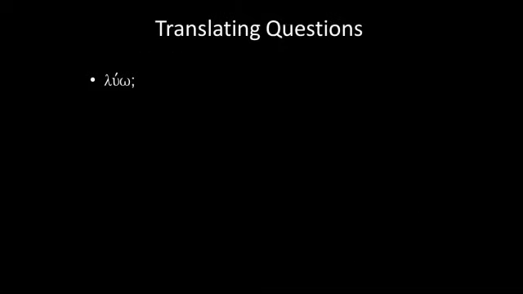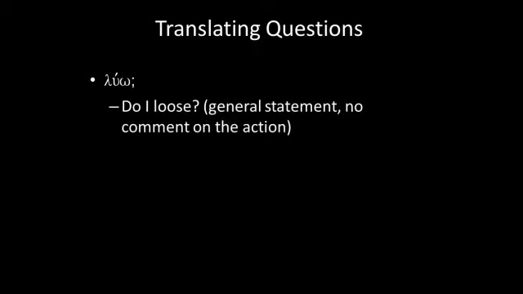Now what about questions? You remember this question mark? It looks like a semicolon. So here we have luo question mark. So luo is I loose. When you throw in the question mark, I loose. So in English, we don't simply say I loose, but we add words to help. Do I loose?